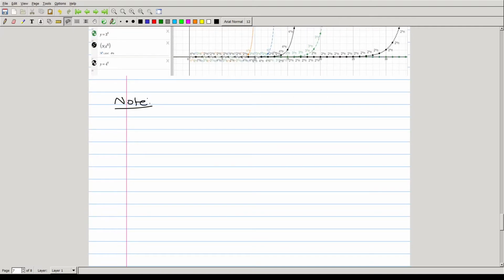And I want to make a note here that we defined strict domination of a function f by a function g to be: f dominates g and the negation of g dominates f.